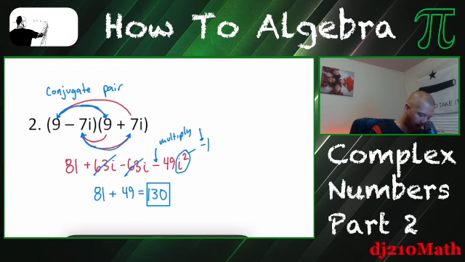If you bypass the other two steps, that's okay, because they're going to cancel each other out anyway. So when you're multiplying conjugates, you can bypass the inner and the outer in the FOIL process, right? So just the first and then the last is really all you got to do, and it'll still work itself out. Okay.